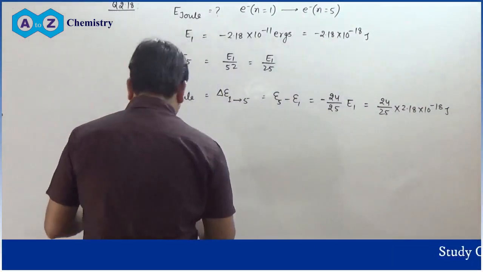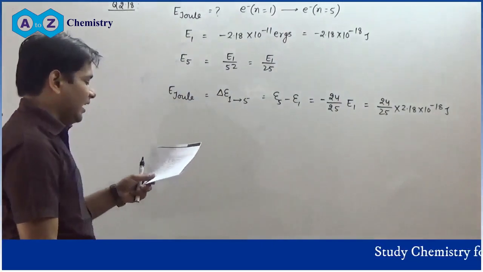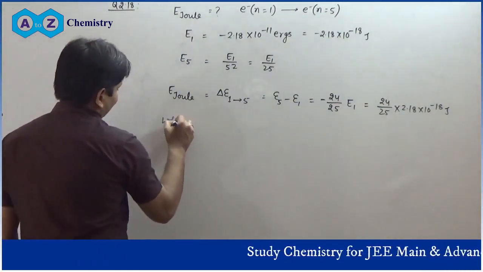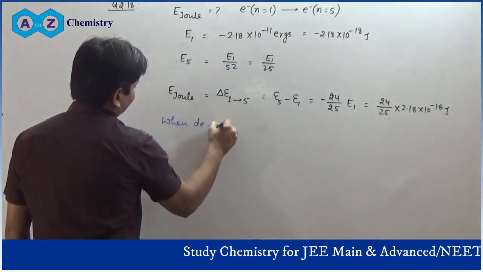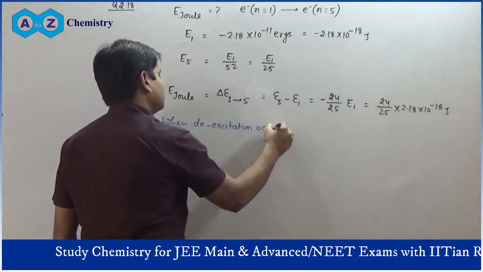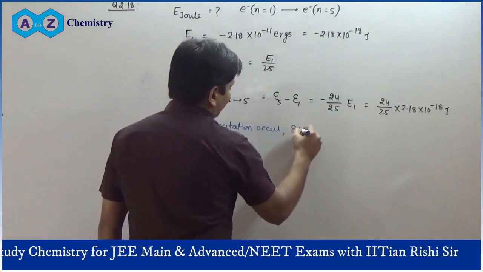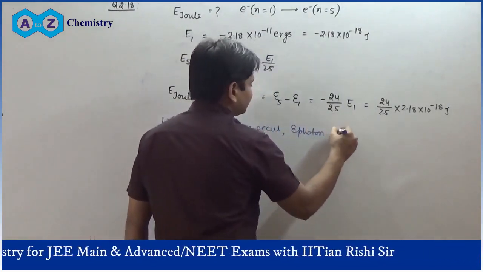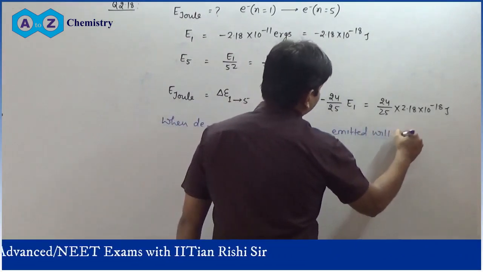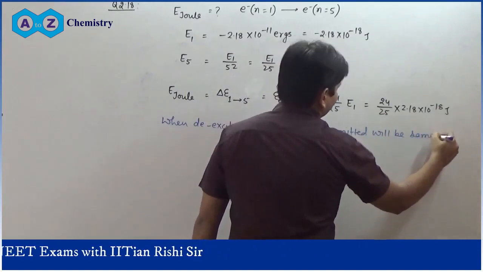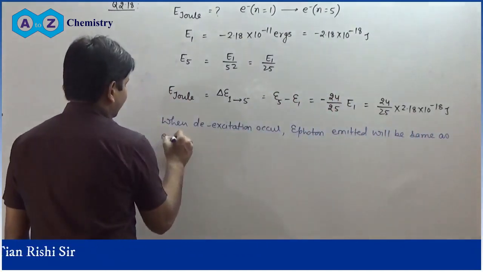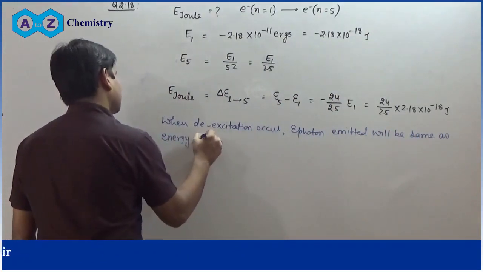The second part asks what is the wavelength of light emitted when de-excitation occurs. The energy of the photon emitted will be the same as the energy required for excitation.